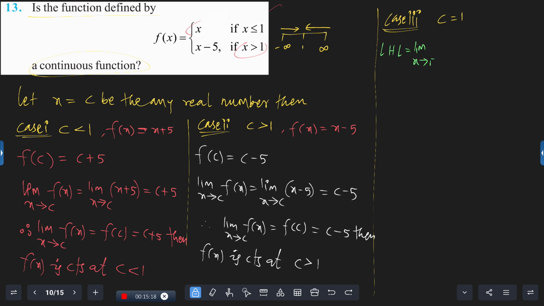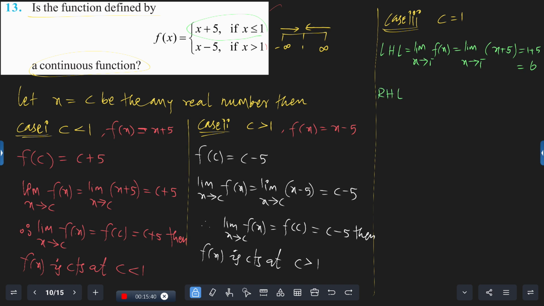Less than 1 now what we have? Here we have x plus 5. So limit f of x, what is that? X plus 5. Instead of x, if you give 1, 1 plus 5, what am I getting, children? 6. This is left hand limit.